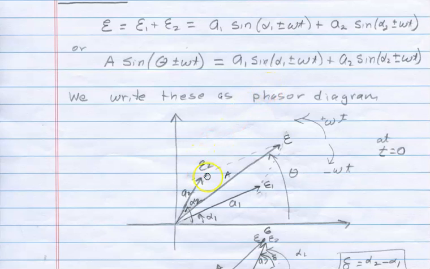And then I want to sum those together to add E1 and E2 to get a resultant. You can view these really like vectors in this vector plane. And as vectors, I know that I can use the parallelogram rule to add these two vectors. I simply complete the parallelogram and draw the diagonal, and that's going to be the new vector E, which is A, and its angle associated to it is theta.